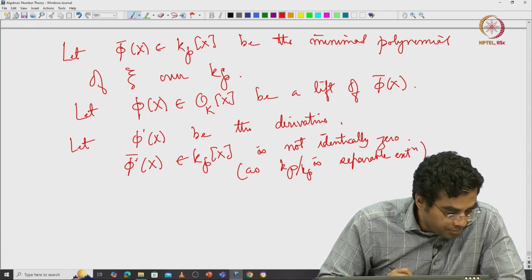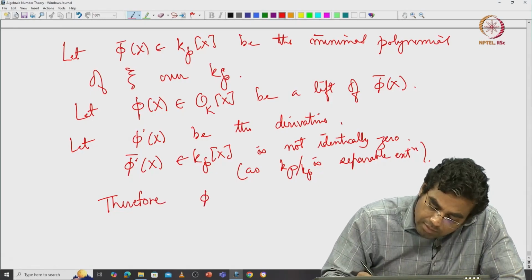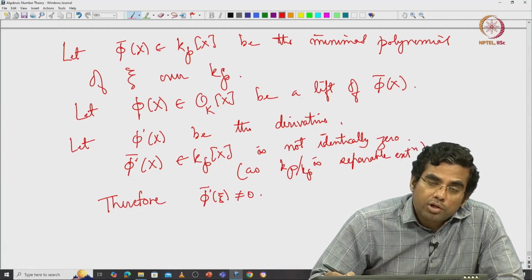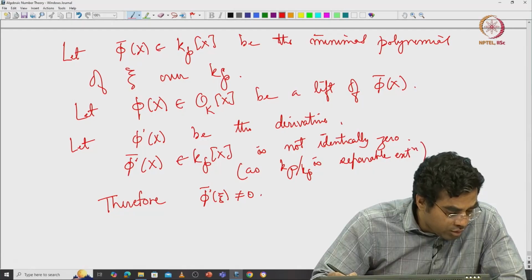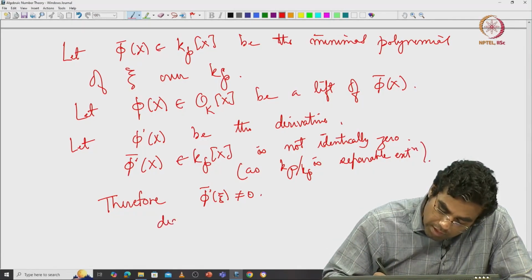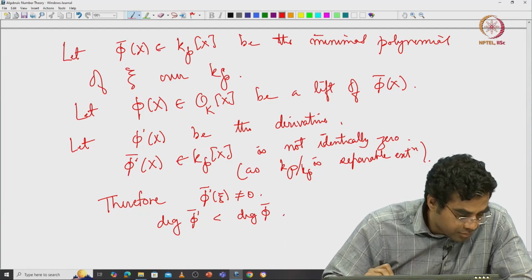Therefore, by the same fact, phi prime bar of xi is not equal to 0. The minimal polynomial does not have multiple roots, and the degree of phi prime bar is less than the degree of phi bar.